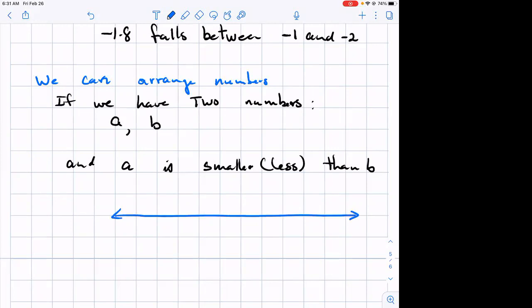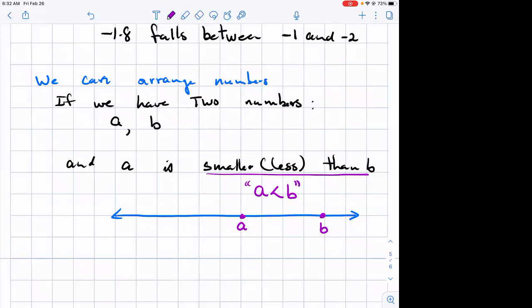I know A is smaller than B, so on the number line, I am expecting A to be first, followed by B. And notice that the smaller number is always more to the left. So if they said A is smaller than B, this means A is less than B.